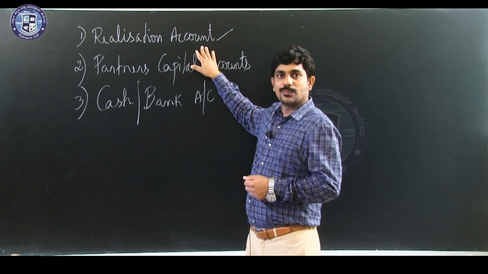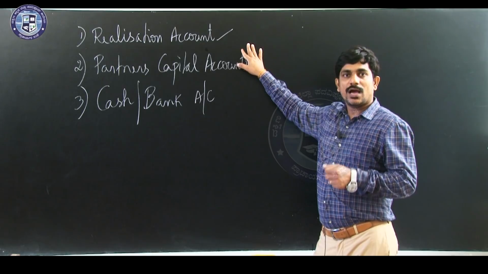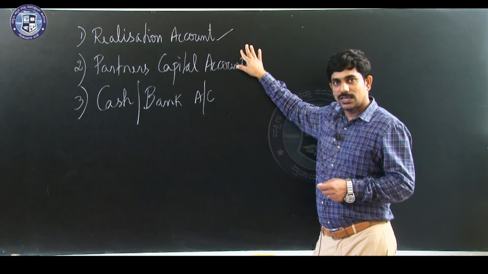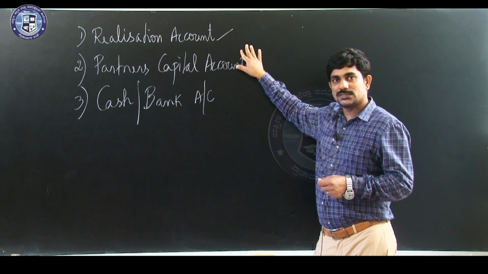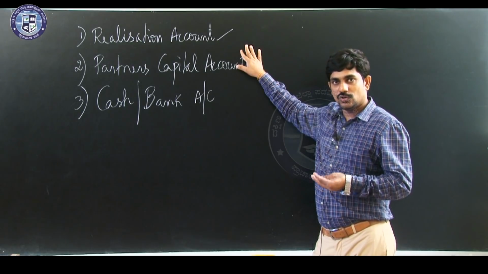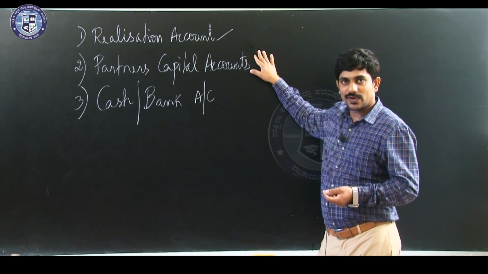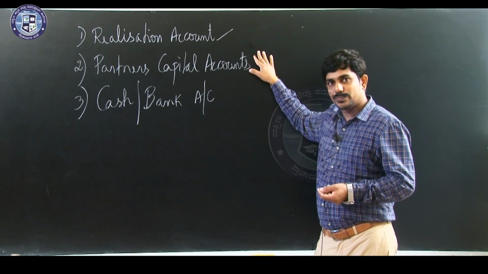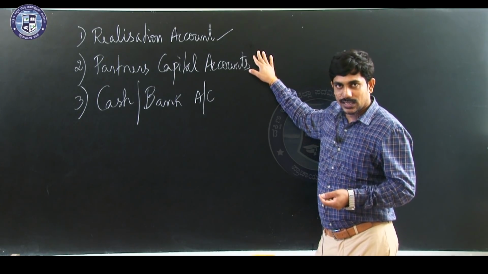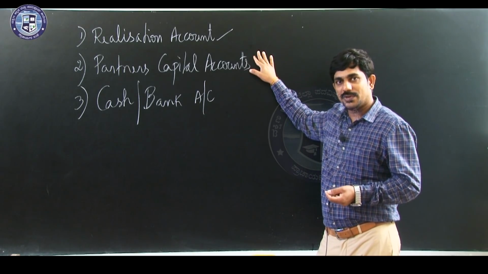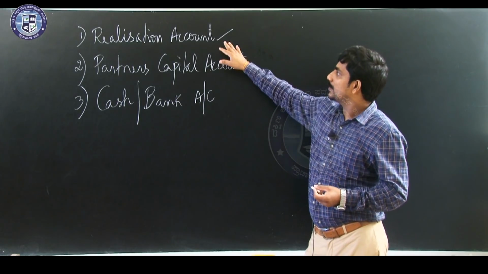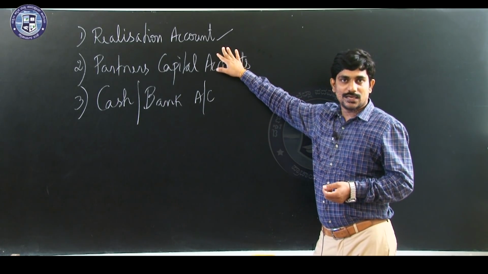So, in the process of assets realized and payment of liability, business might get profit or incur losses. So, in order to find out the profit or loss on assets realized and on payment of liabilities, we need to prepare a new account called realization account.